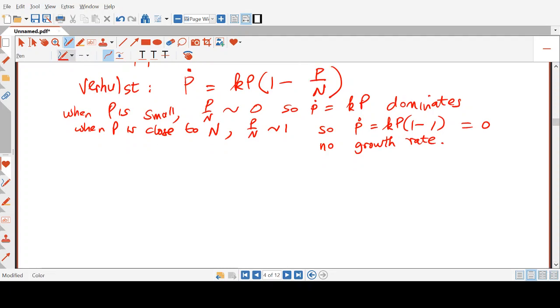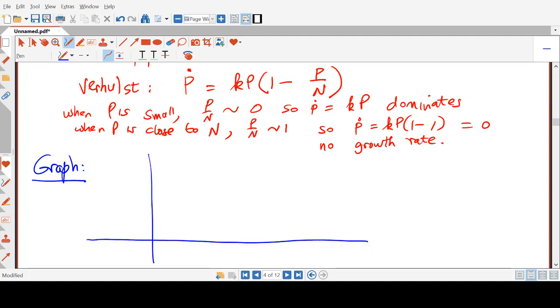If I were to plot this, you've got population versus time, and let's say this is the carrying capacity N. When the population is small, you will have an exponential part apply.